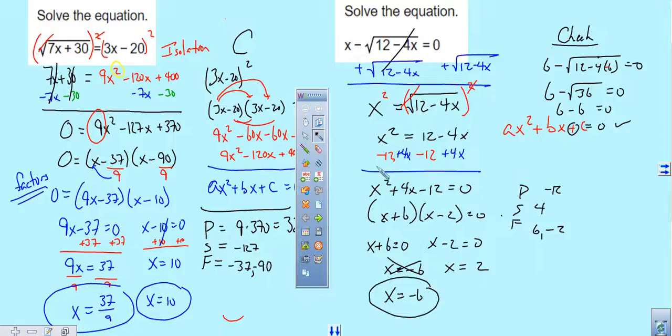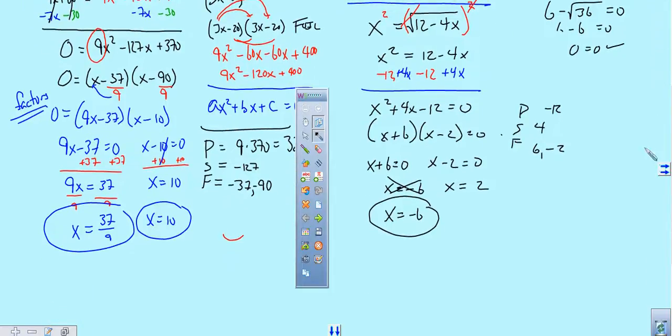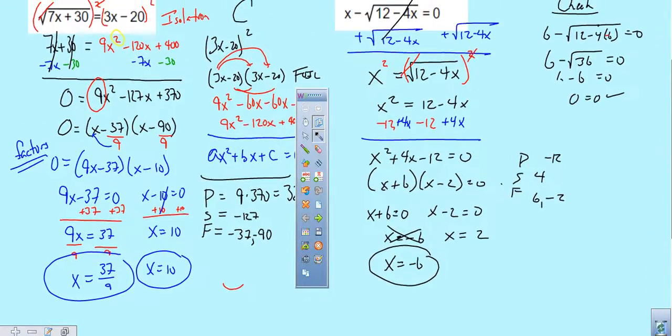We test out the 2, same process, same idea. So we plug in positive 2. So that would be 2 minus the square root of 12 minus 4 times 2, all under the radical, is equal to 0.